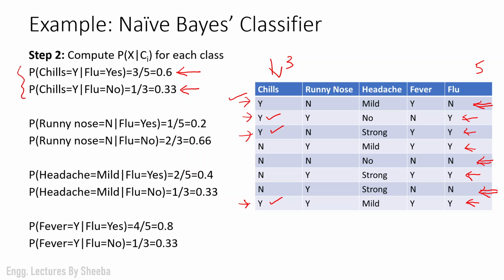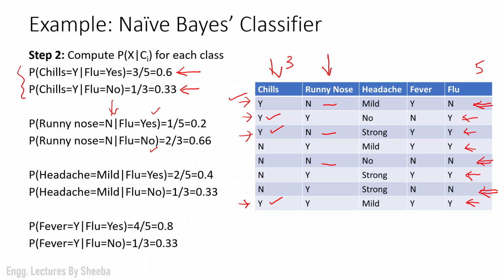Similarly, the second set: runny nose is equal to N in the given data set. So runny nose is equal to no. So you just go to the second column and find in a similar manner runny nose is equal to no, but the flu should be yes. So we need to test for both the classifications, that is flu yes and flu no. But this one is a given data set: runny nose is equal to N. Here you can see 3 tuples are there.